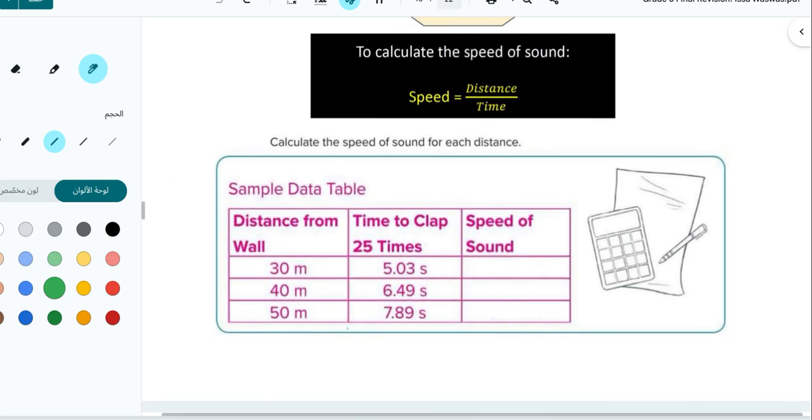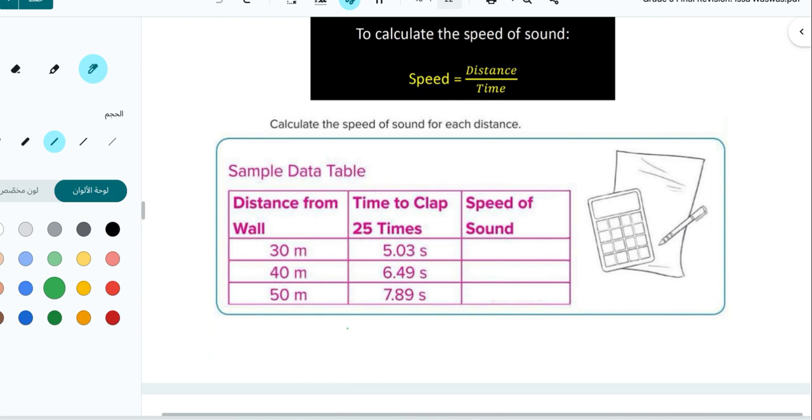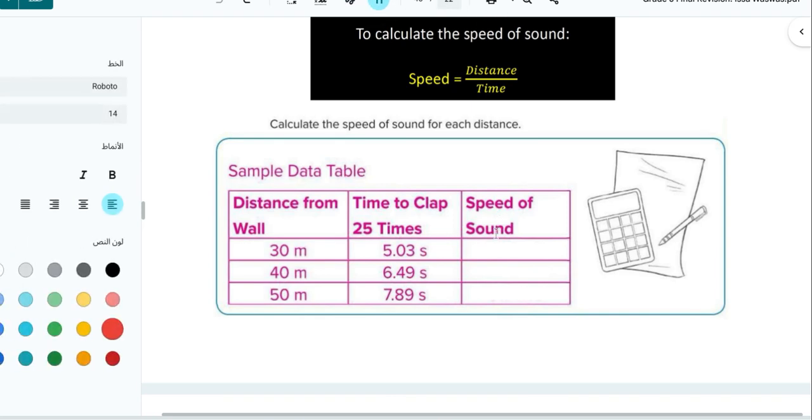Let's look at these questions. So we can calculate the speed of sound. Remember, speed is equal to distance divided by time, which we have right there. So simply calculate by taking the distance, 30 meters, divided by 5.03 seconds.